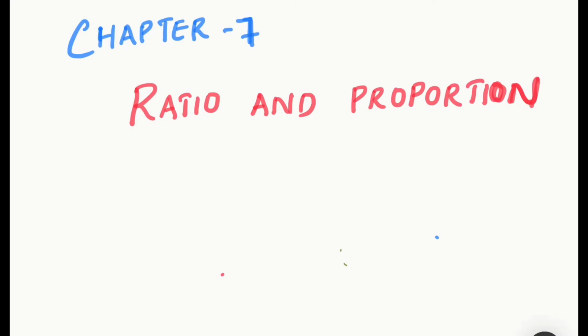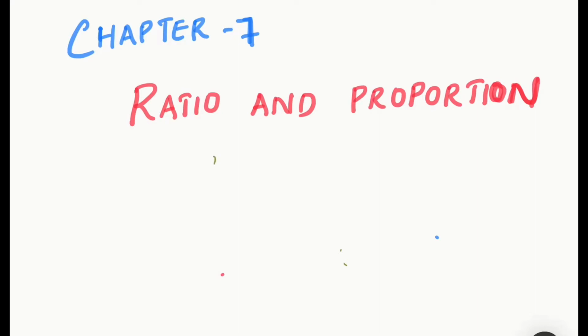What is proportion? Non-zero quantities A, B, C and D are said to be in proportion if A is to B equals C is to D. You all are familiar with that. Okay, and what is the condition?